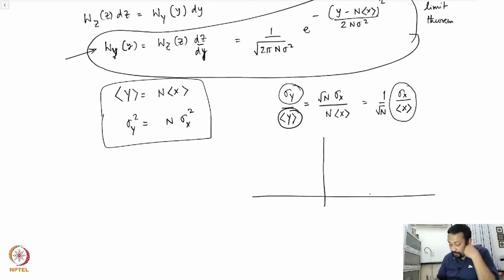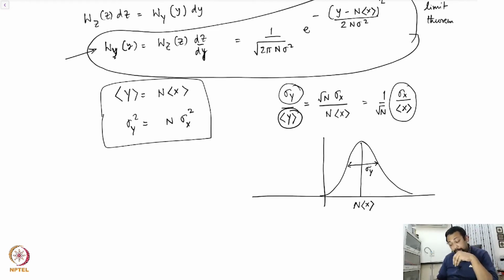So let's look at it. It has an average, which is n times average of x, and it has a certain width, which is sigma y.